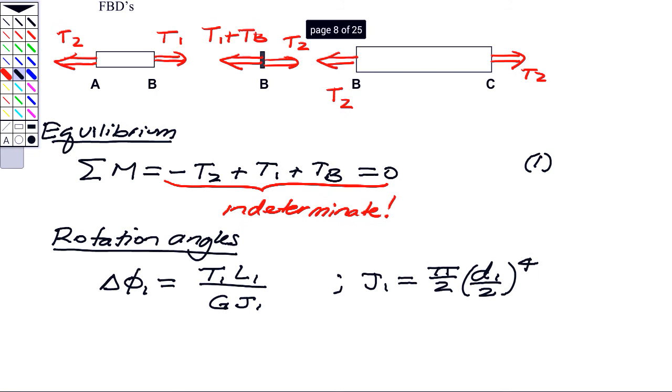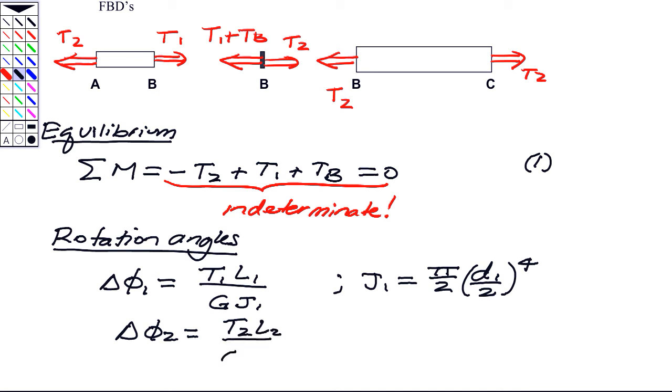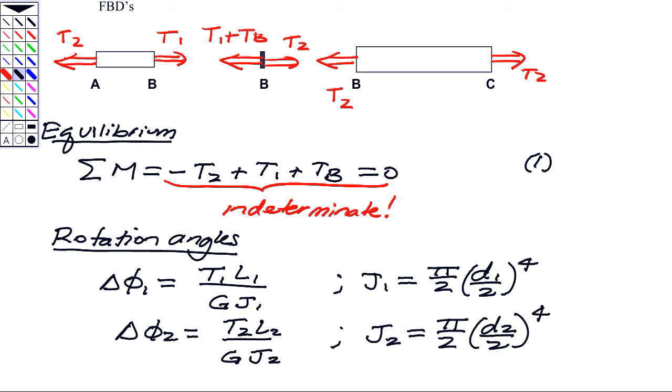And the angle of rotation for segment 2 is T2 L2 divided by GJ2. And the polar area moment for 2 is pi over 2 times the radius for 2, that's d2 over 2, raised to the fourth power. So this is my equation 2, this is equation 3.